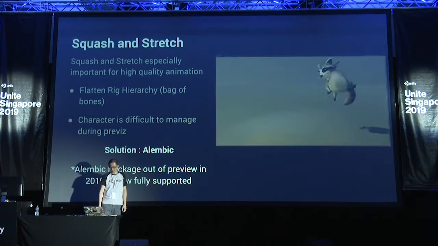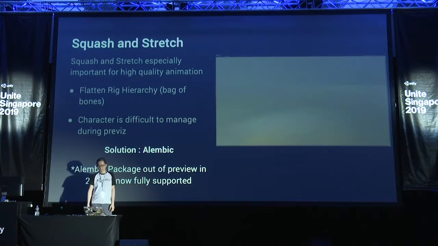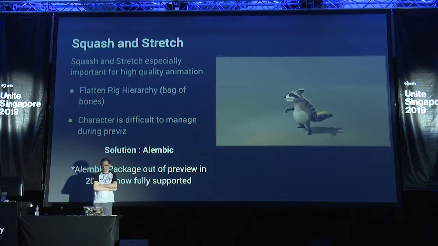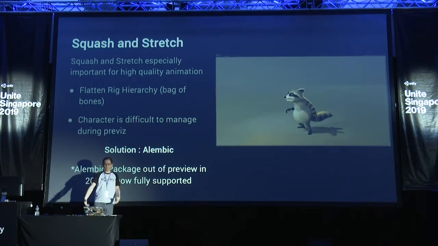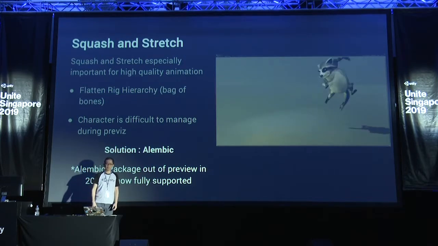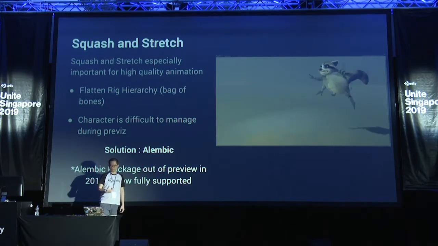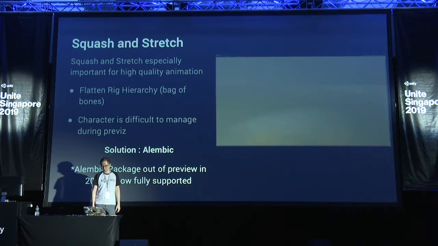So here's an example of what I mean by squash and stretch. If you look at this raccoon animation here, when it's slowed down, you can see his body is stretched unnaturally, right? But that exaggerates the motion to give a better sense of motion to the viewer.